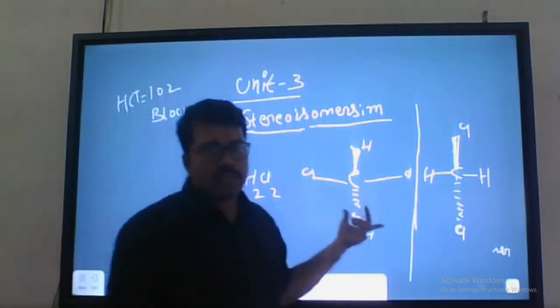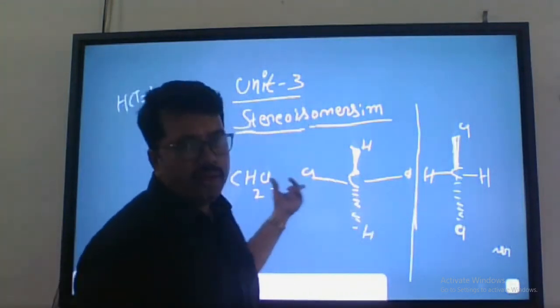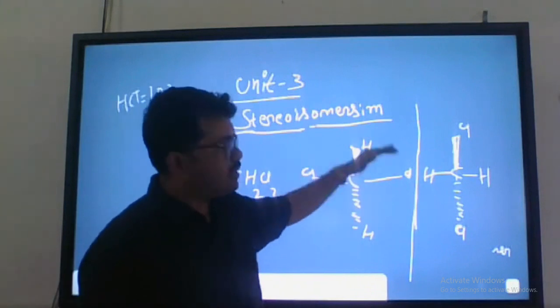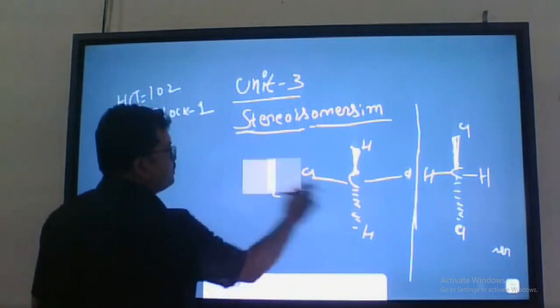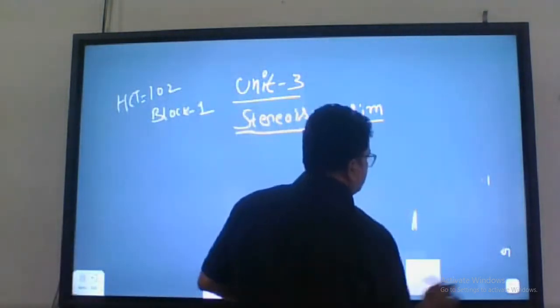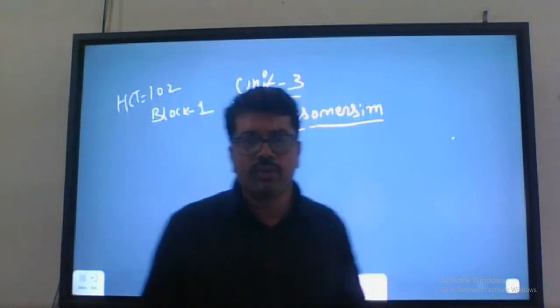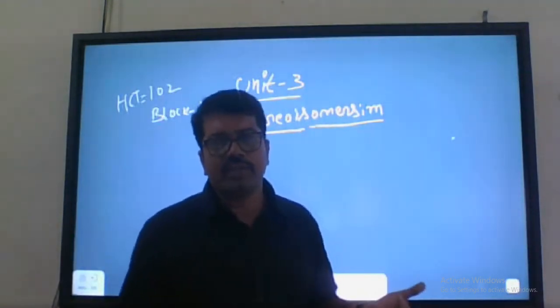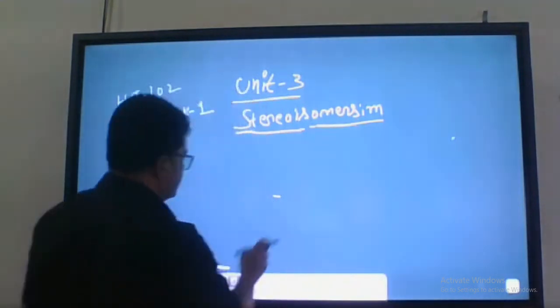So in the previous class, we studied the same molecular formula but different arrangement of atoms in space. See, the atoms are connected to each other in the same way, but only differ with respect to relative orientation in three-dimensional space.